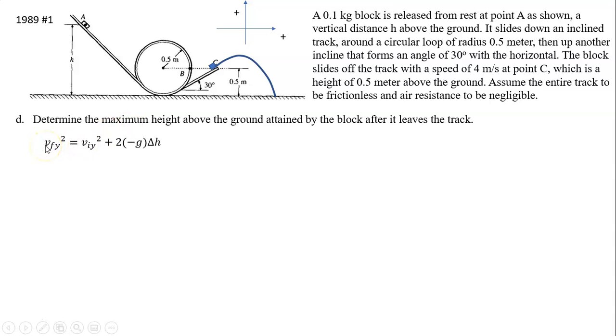So we can use this equation because we know the speed over here, so we can figure out its vertical component at point C. We also know acceleration is negative g, because acceleration is downward.